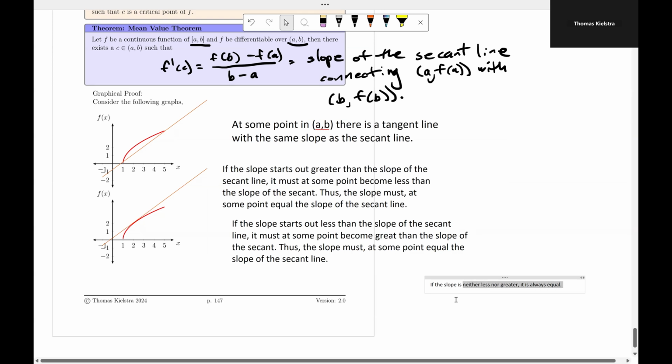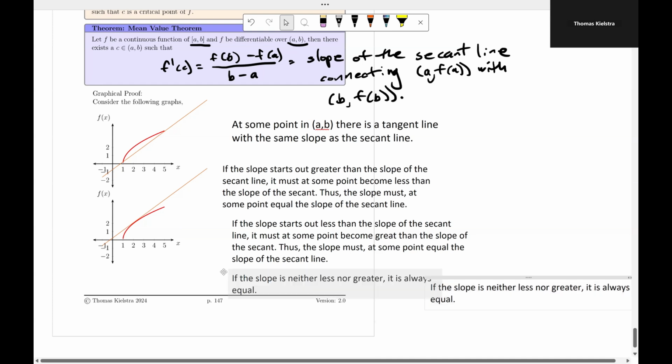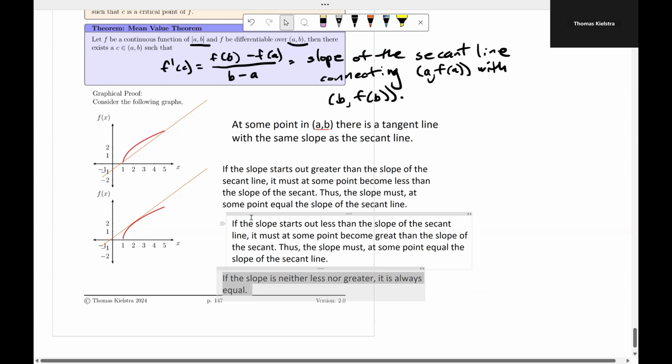So similar to the argument with Rolle's theorem, except now we're thinking of slopes of the tangent lines. If the slope of the tangent line is greater, it has to at some point become less. If the slope is less, it must at some point become greater, which means it will at some point in the middle be equal.